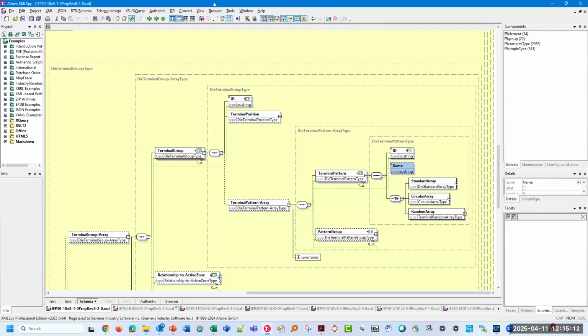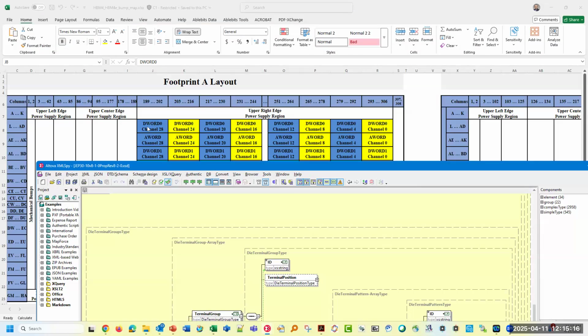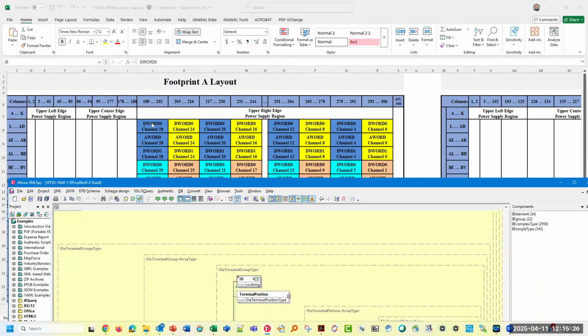But when I say that, if I create a pattern for D word, I would not have 0 on it at this stage, right? And A word and D word, right? So assuming that this is different to this one, I would create the pattern with the name D word.